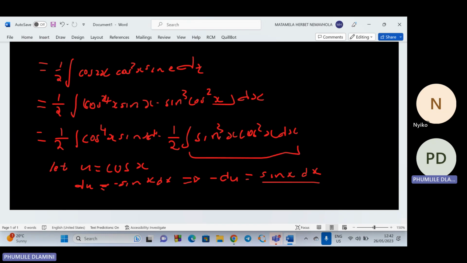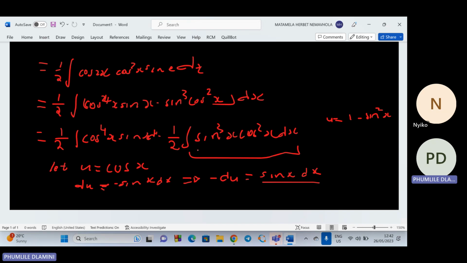This one here, we have cos squared and sine cubed. What happens if we take our u to be one of these, or do we have to change one of them back? We know that we can change cos squared to become 1 minus sine squared x.